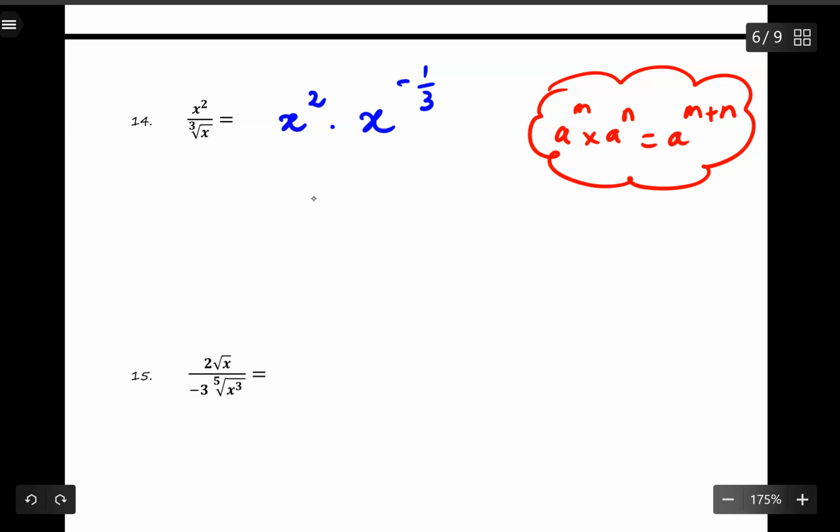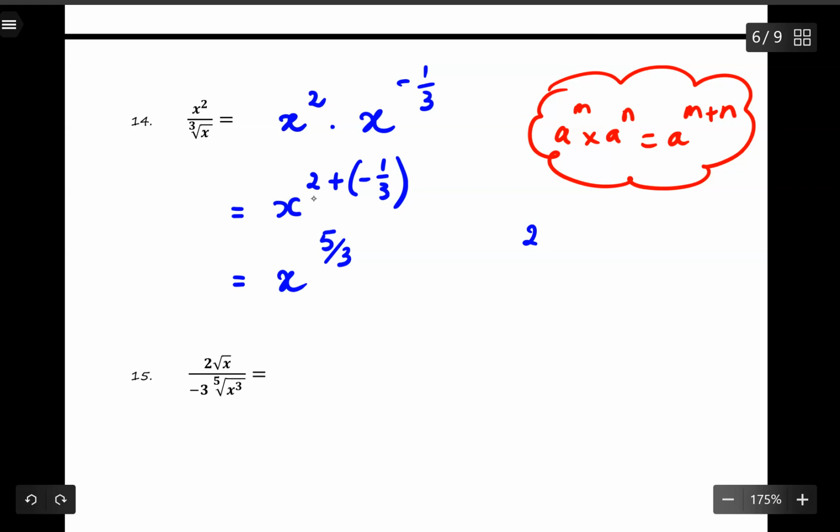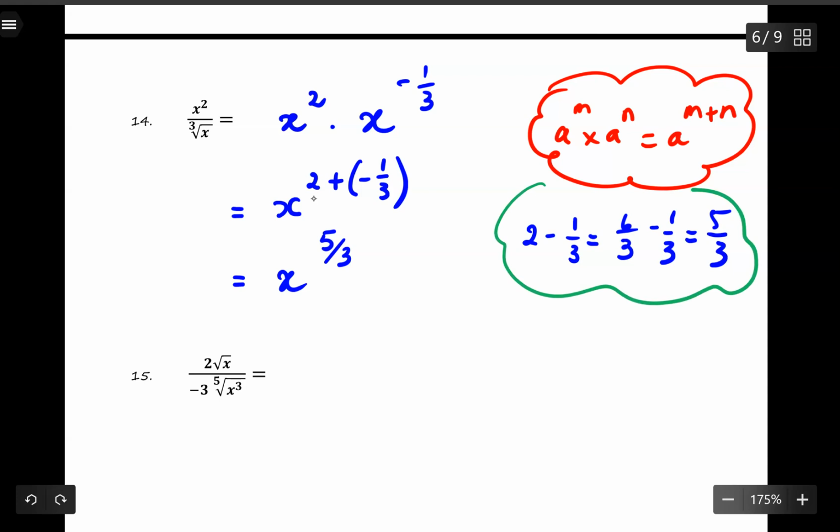Then I should have x to the 2 plus -1/3. So this will give me 2 subtract 1/3. It should be x to the exponent 5/3. Okay, so 2 minus 1/3 will be 6/3 subtract 1/3, so it's 5/3. So it's just a quick fraction reminder here.